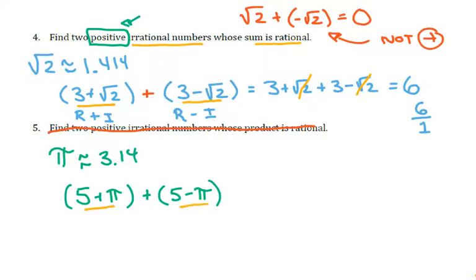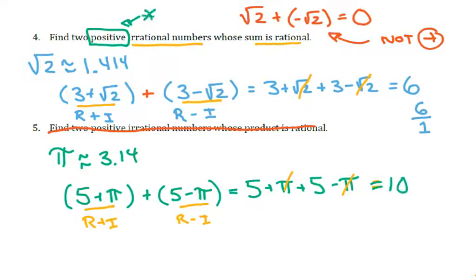Why? Because they're rational plus irrational and rational minus irrational. But when we add them, we get 5 plus pi plus 5 minus pi, which again, the irrational part cancels and gives us the number 10. So there are many ways to do this, but make sure you get a positive irrational number.